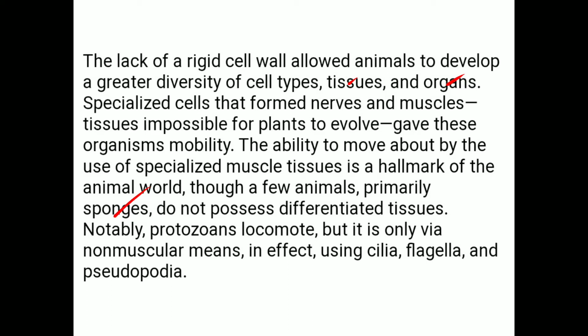Notably, protozoans locomote, but only via non-muscular means, in effect by using cilia, flagella, and pseudopodia. In fungi, there are no tissue formations, but some protozoans have specialized structures, and with the help of these structures the organism can move.